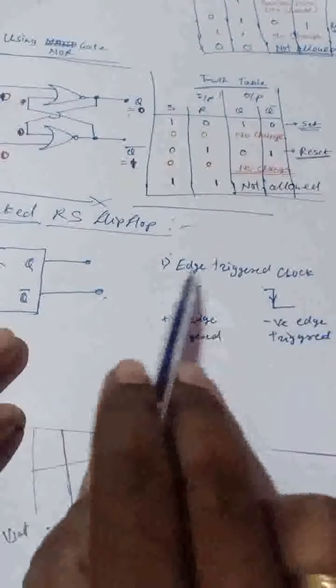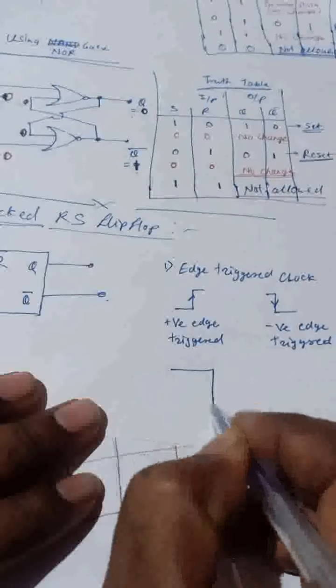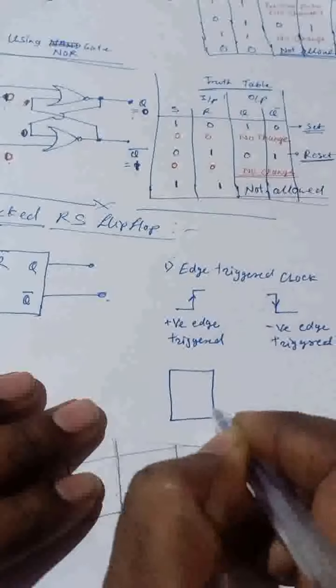So this is the edge triggered clock, and it is shown on the symbol like this.